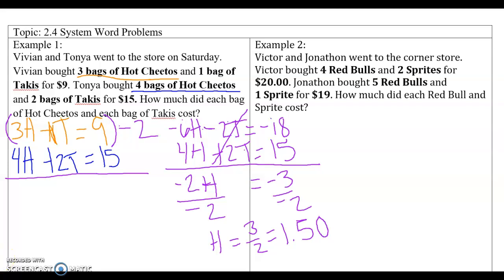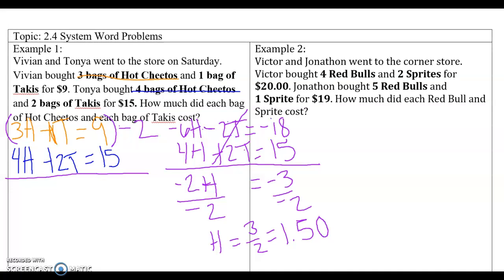So now I need to know how much does each bag of Takis cost me. So I'm going to take the original first equation. So I have 3 times H plus 1T, or just T, equals $9.